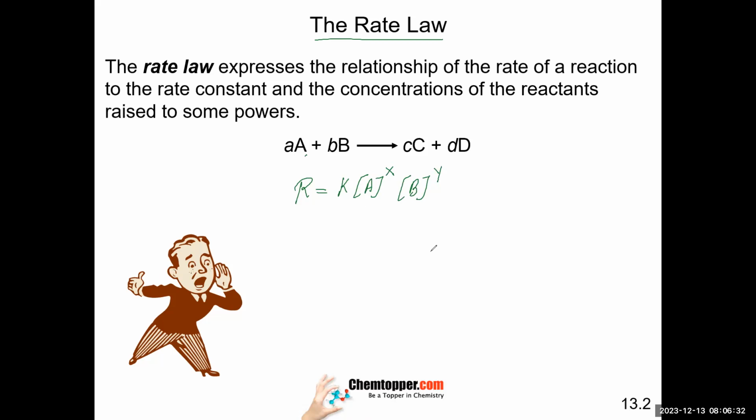Every time when there is a question on rate law, this is the first thing which you have to do. You have to assume the rate law as rate equal to K, the rate constant, times concentration of the reactants raised to power X and Y. This is X, this is Y, this is not A and B. So X and Y have nothing to do with these coefficients.